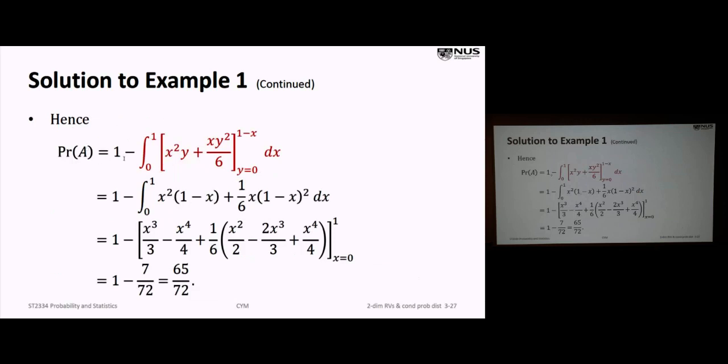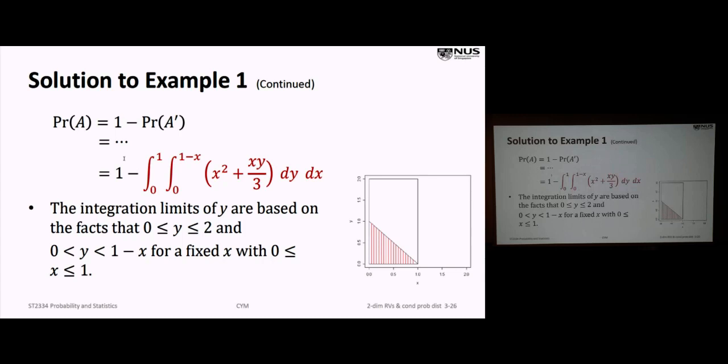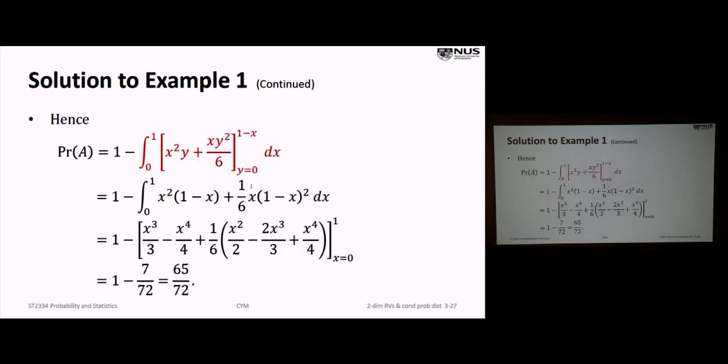So then, how to compute the integral? First of all, we integrate with respect to y. This one, if I integrate with respect to y, gives x squared times y. This one, if I integrate with respect to y, is x times y squared over 2 times 3, so it's x times y squared over 6. Now I want to evaluate this function between y equals 0 and 1 minus x.